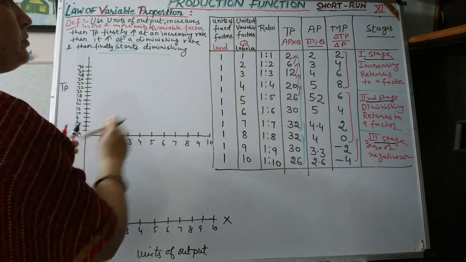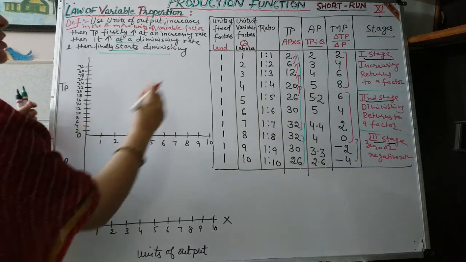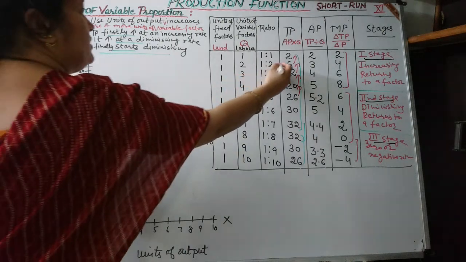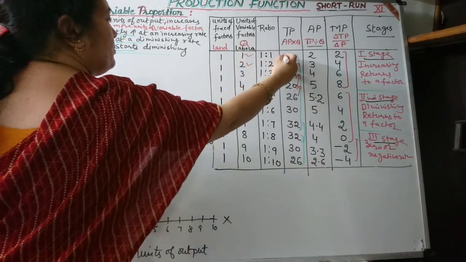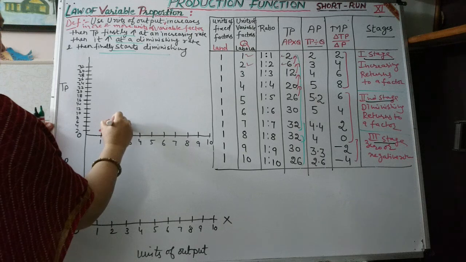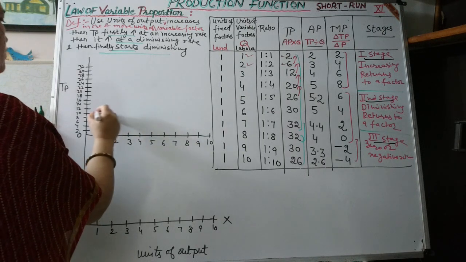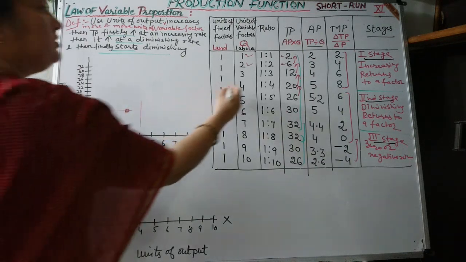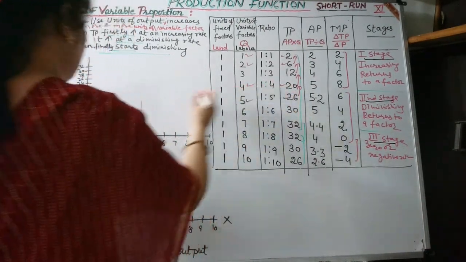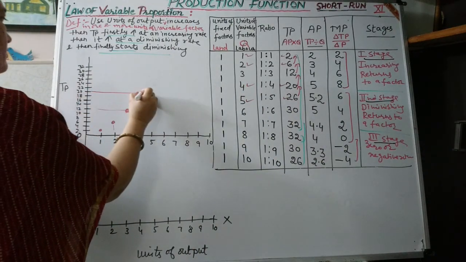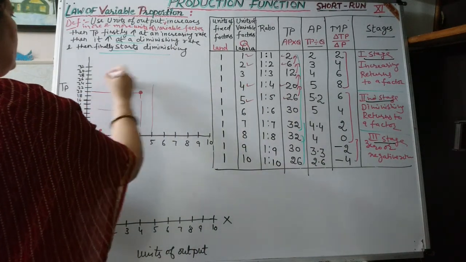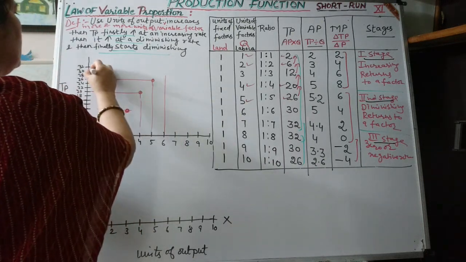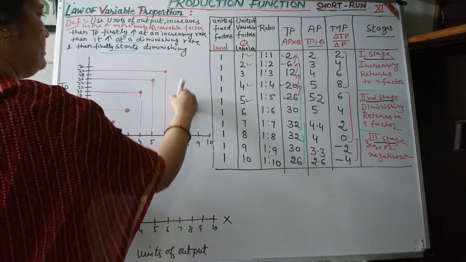And now let us prepare first of all total production. Total production at first unit is 2. At second unit of output this is 6. At third unit this is 12. At fourth unit, this is 20. Fifth unit, 26. Sixth unit, this is 30. At seventh unit, this is 32.